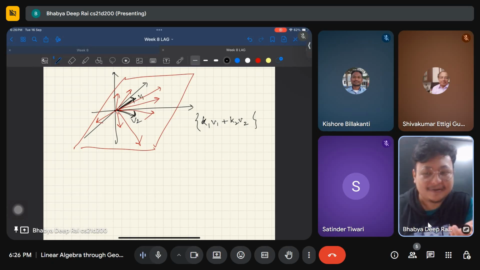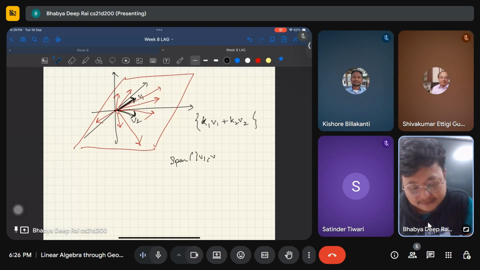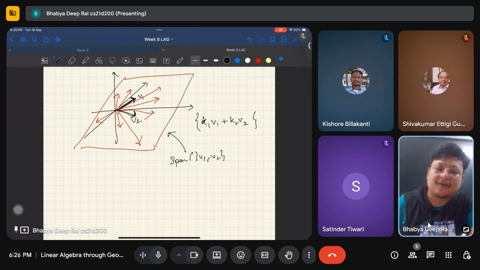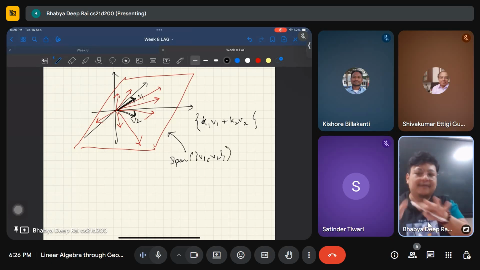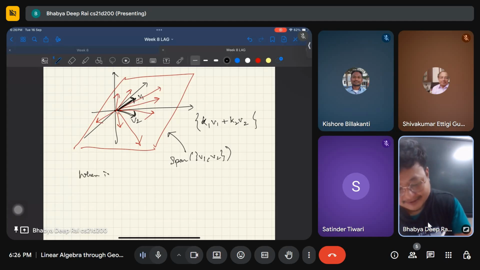A span of vectors, for example the span of v1 comma v2, is this red plane. It's all possible linear combinations of v1 and v2. Now, additionally, when is the span of v1, v2 a vector space?